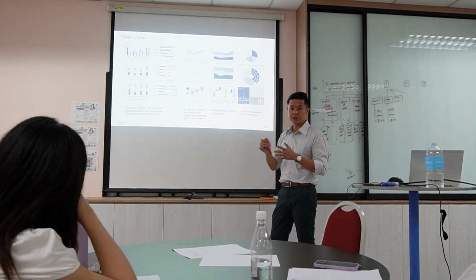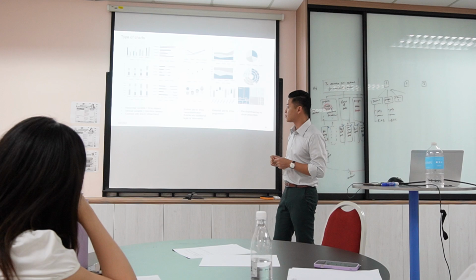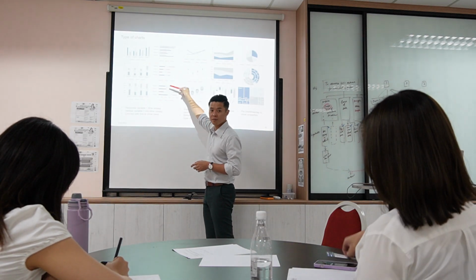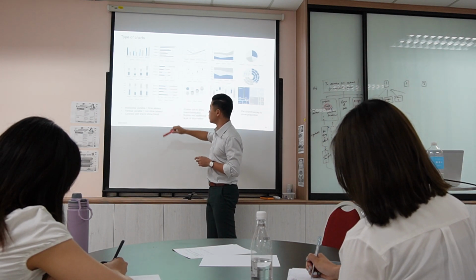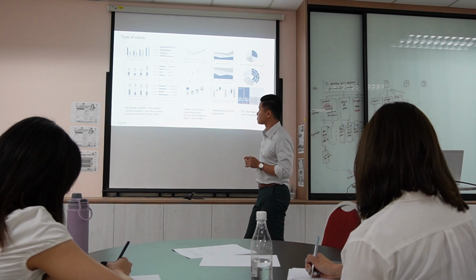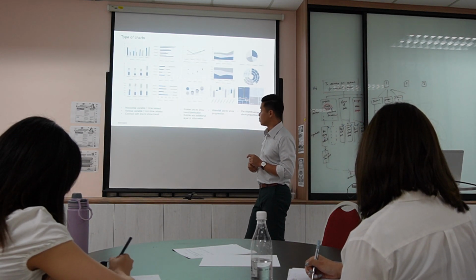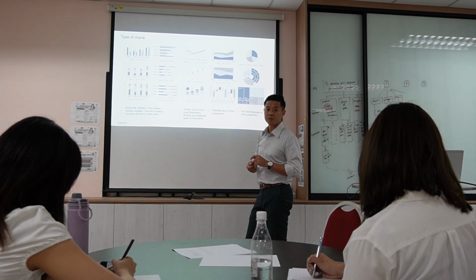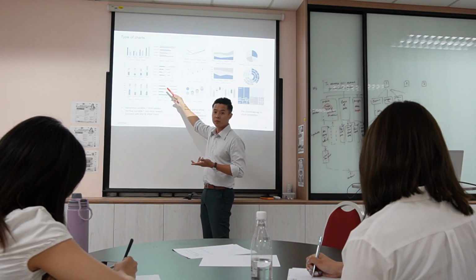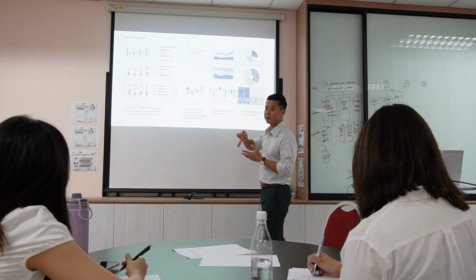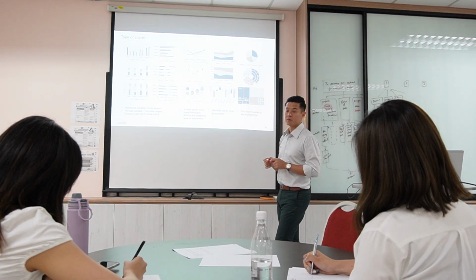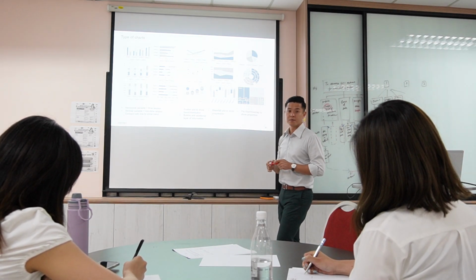It shows the factor of time inside. Whereas for the vertical bar chart, usually we show something without the factor of time. It can be any category, as long as it's not time related.